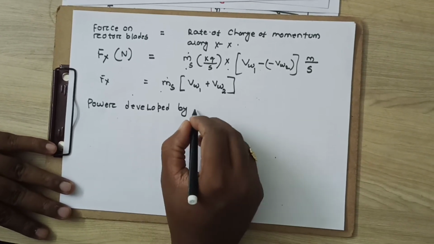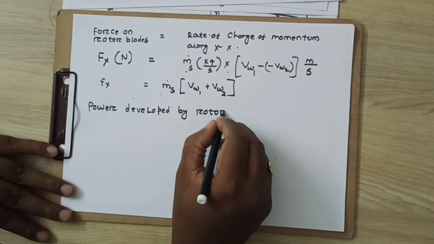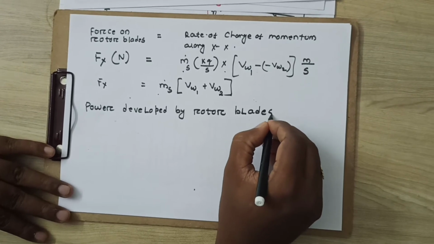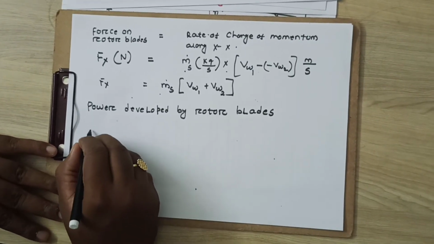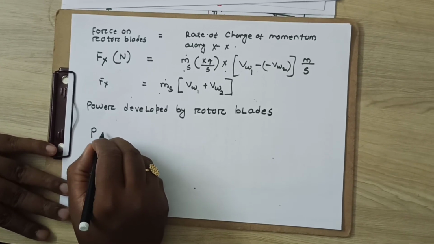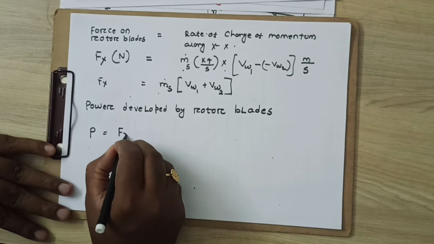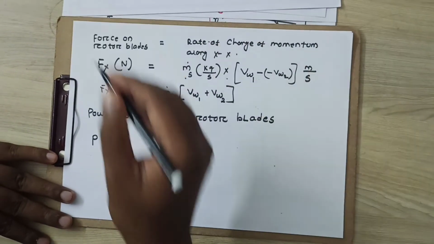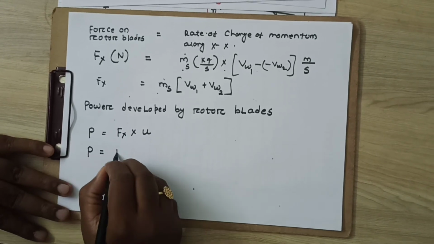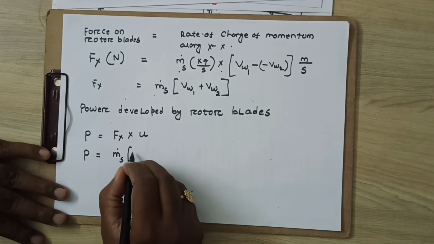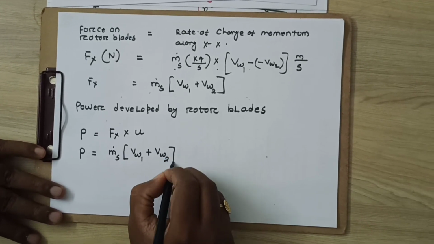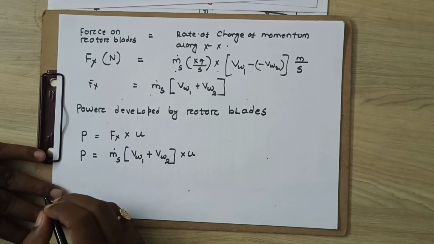Power developed by rotor blades, P, is equal to the force along the x direction and how much it is moving along this x direction, or the velocity u. So this power will be m dot s into Vw1 plus Vw2 into u.